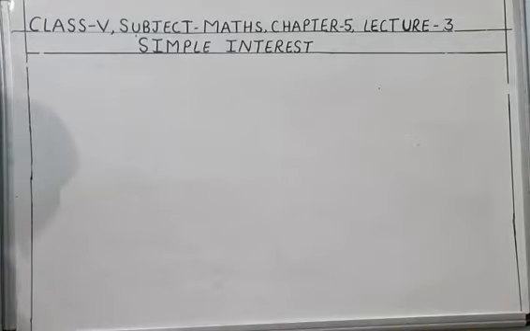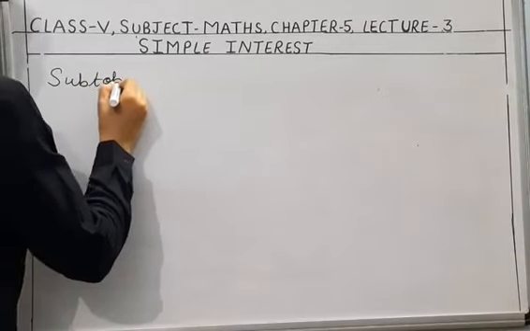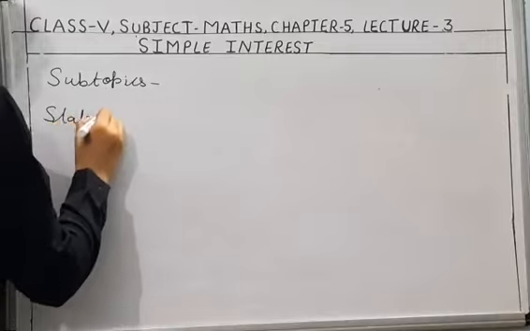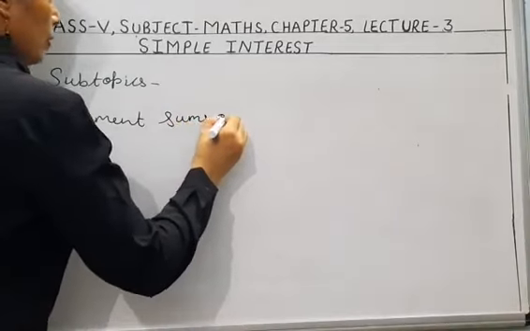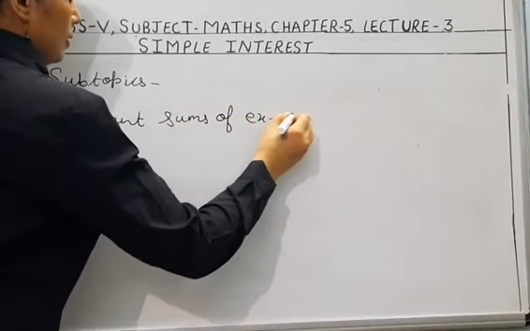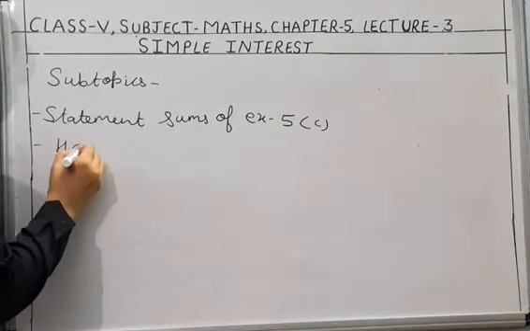This is our chapter 5. Name of the chapter is Simple Interest and this is our lecture number 3. Today's subtopics are statement sums of exercise 5C.